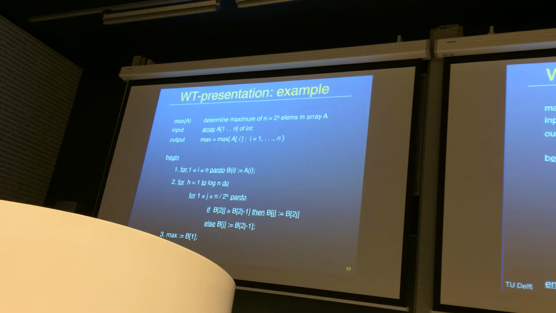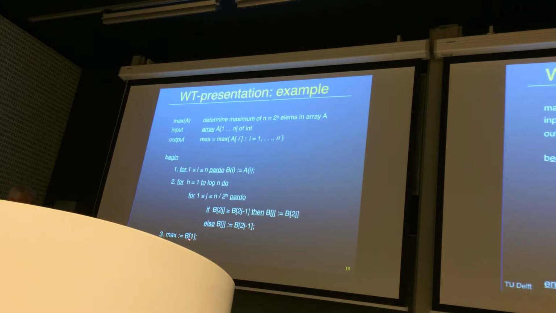So this is the end of the second time step, and here finally we have the third time step, and there you copy the result, the content of the root of the tree that you have found, into max. Okay, so what's now the idea?